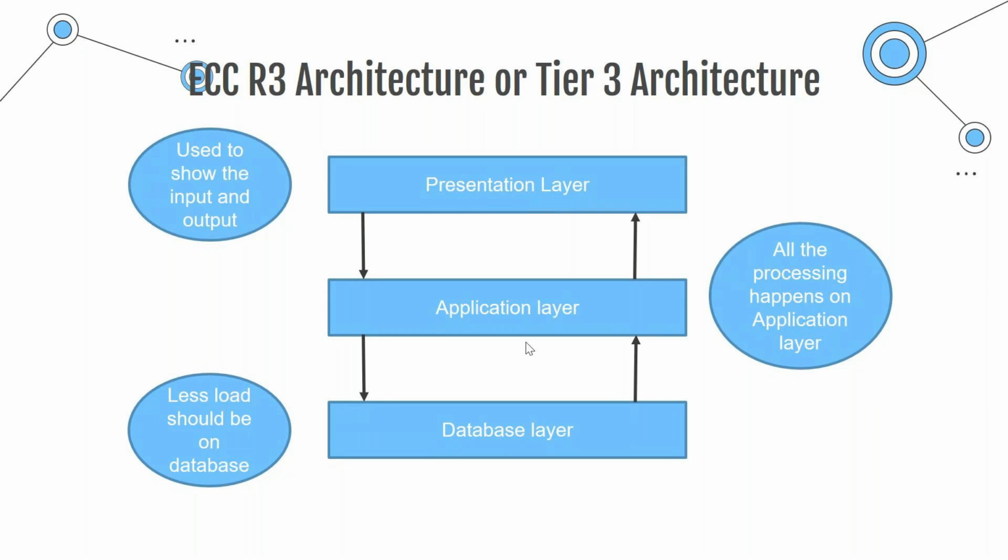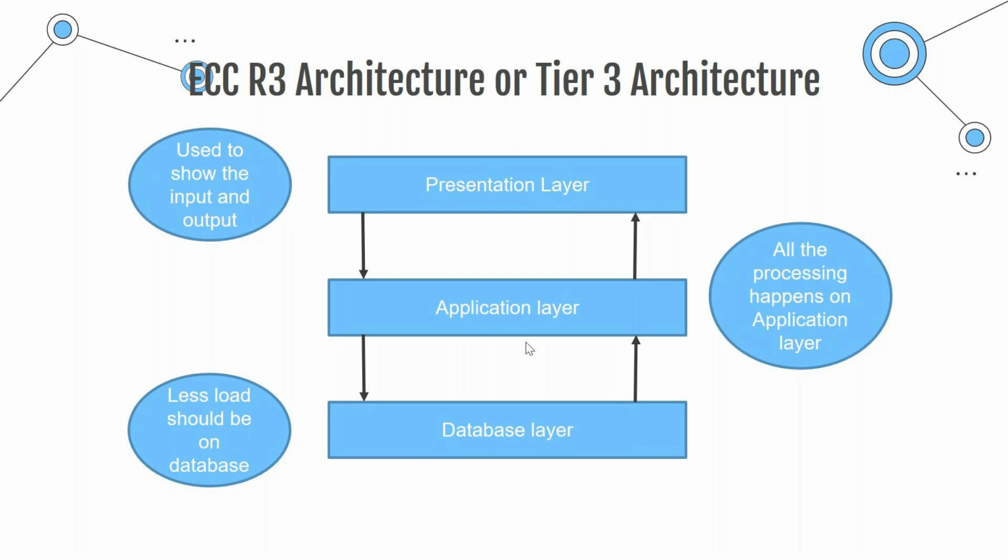Again, there aren't huge changes in how things work between ECC and S4 systems. Few minor changes, which we will discuss as we progress in our course. So first of all, we'll see the architecture of ECC, then we'll see the architecture of HANA S4. How are these two different? We will see.